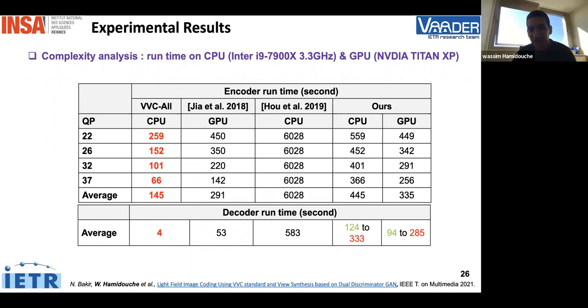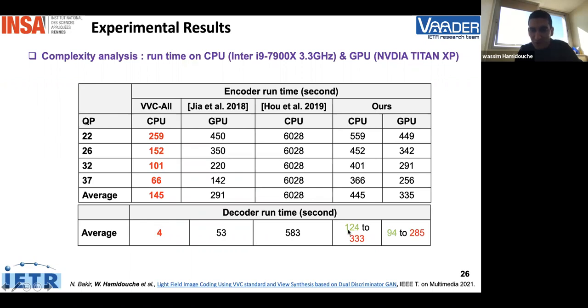Yes, we got this question from the reviewers in Multimedia, and we give some results on the complexity of each component. Here I can also answer your question with some numbers. For example, 4 is the complexity of VVC to decode all the views.